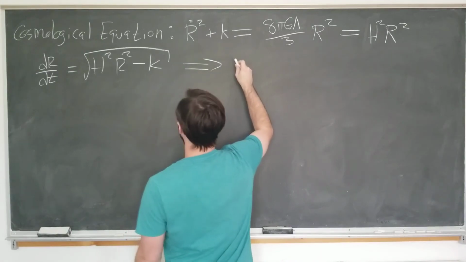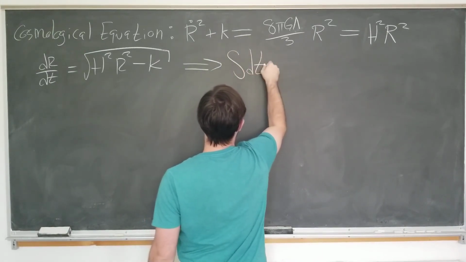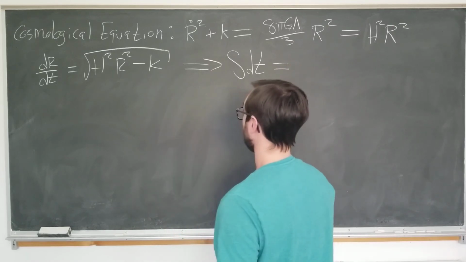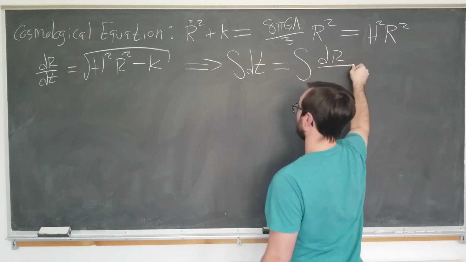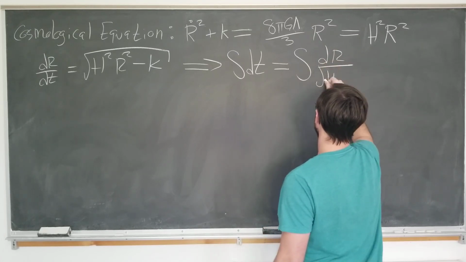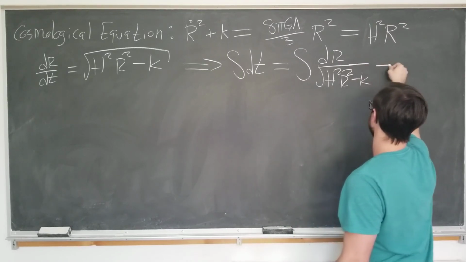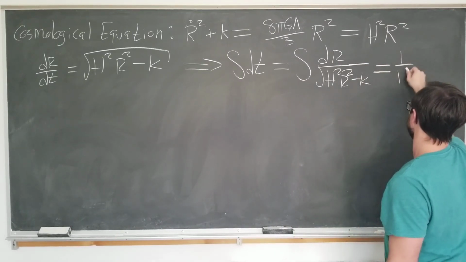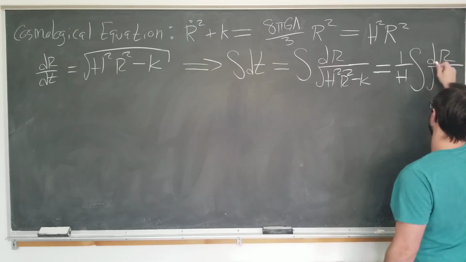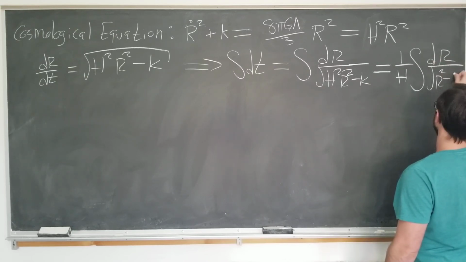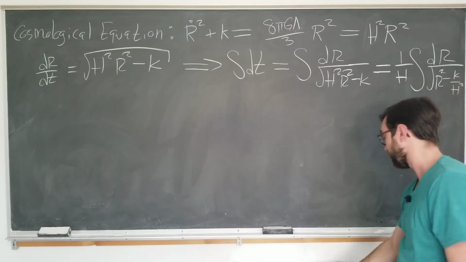We have the integral of dt being equal to the integral of dr over the square root of H squared r squared minus k, which we're going to rewrite as 1 over H integral with respect to r of the square root of r squared minus k over H squared. Yep, looks good.